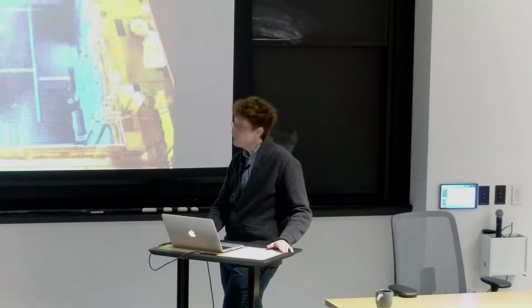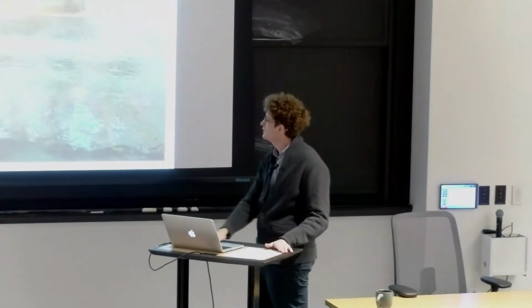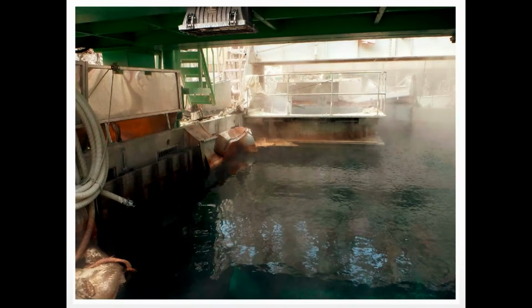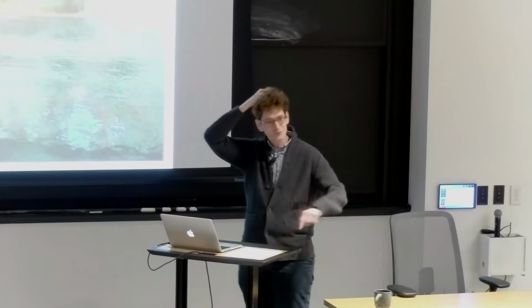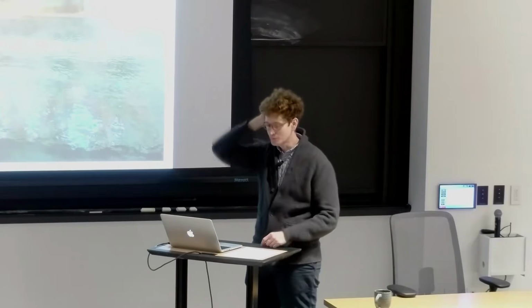And very slowly, the pool began to heat up. And you can see in this photo the steam coming off of the reactor pool. Right? It's boiling the water in the pool because there's no cool water being circulated into the pool.